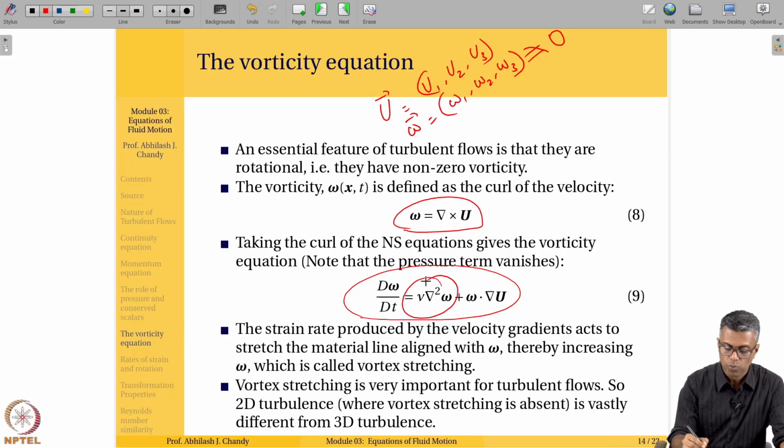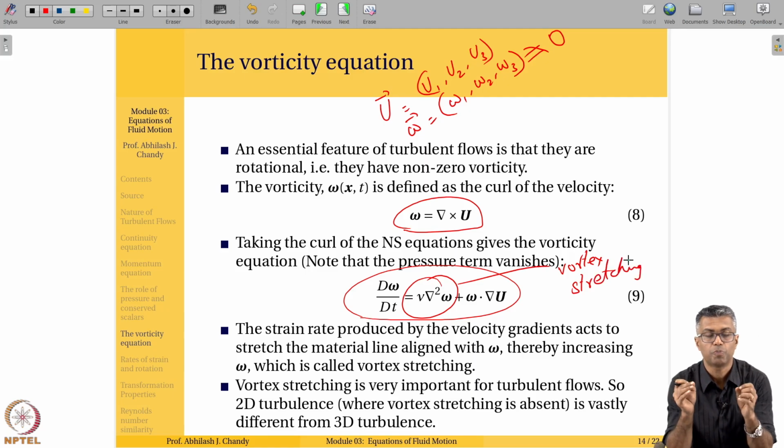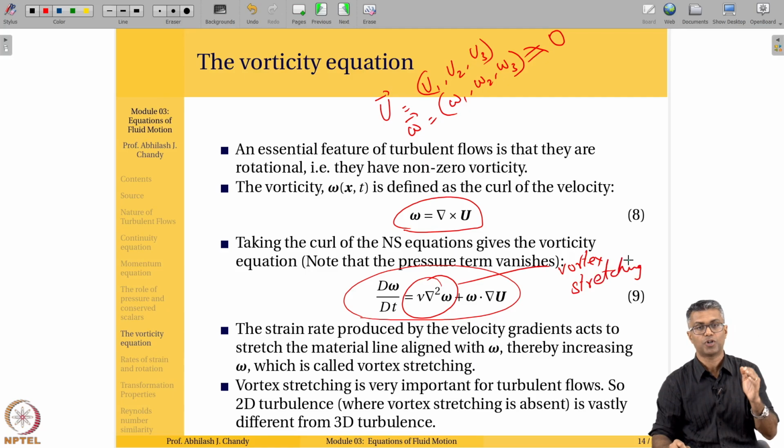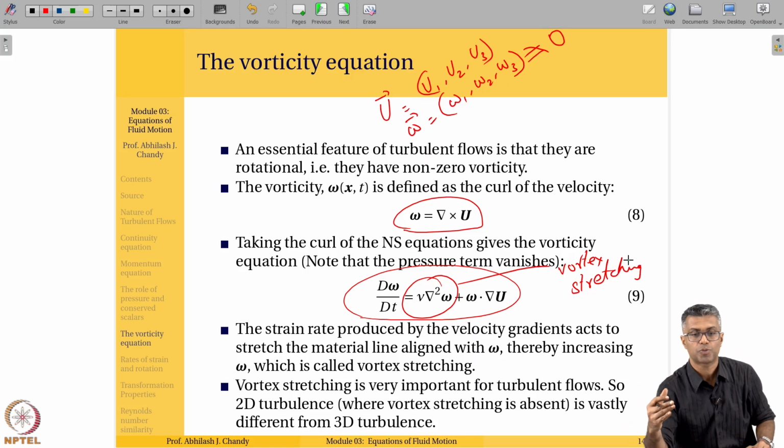The nu del squared omega is the vortex stretching term. We have discussed this. The vortex stretching term is known to be one of the primary mechanisms for turbulent flow: how the vortices get stretched and broken up into smaller and smaller vortices.